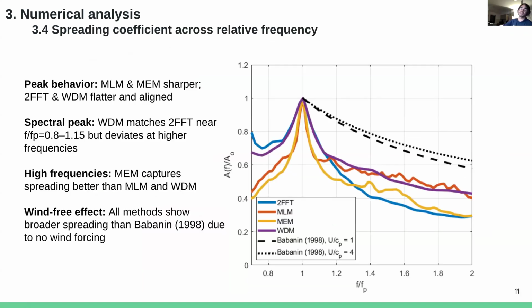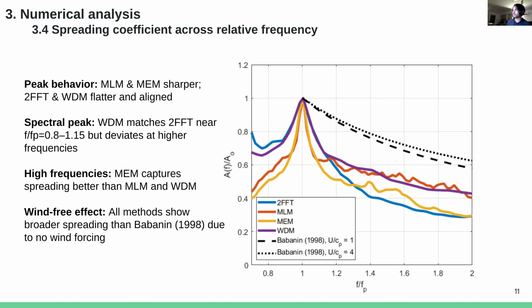After we set up the array geometry for the estimations, we looked into the spreading coefficient and how it changes across frequency. In this diagram, I'm showing the normalized spreading coefficient against relative frequency, and this is the average of all the cases for each method. We can see the narrowest part of the spectrum was near the peak frequency, and we saw broadening towards lower frequencies and towards higher frequencies.